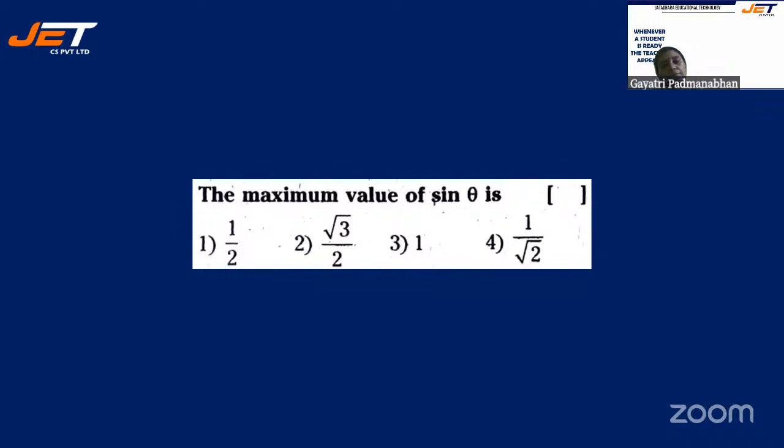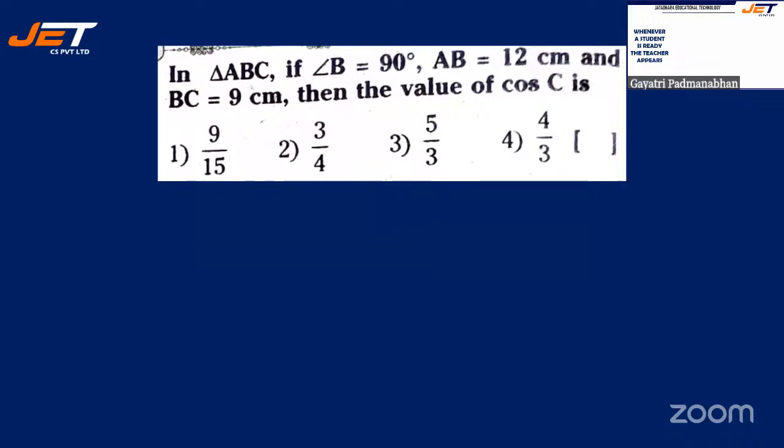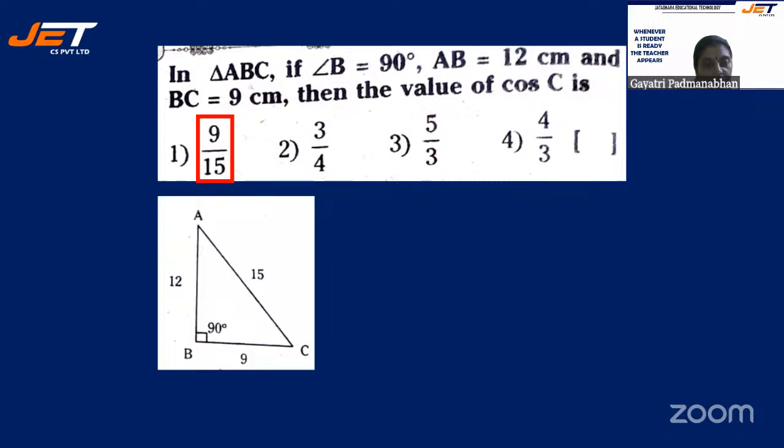The maximum value of sine theta is dash. It should be 1, isn't it? Yes. In triangle ABC, if angle B is 90, AB is 12 centimeter and BC is 9 centimeter, find the value of cos C. Right? So you can just draw this diagram.